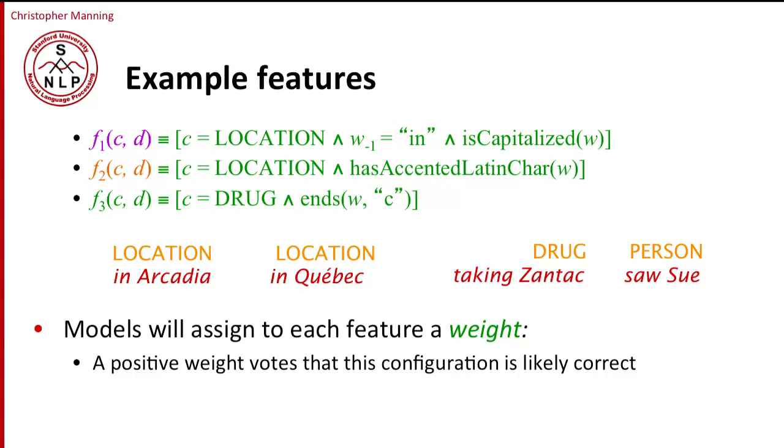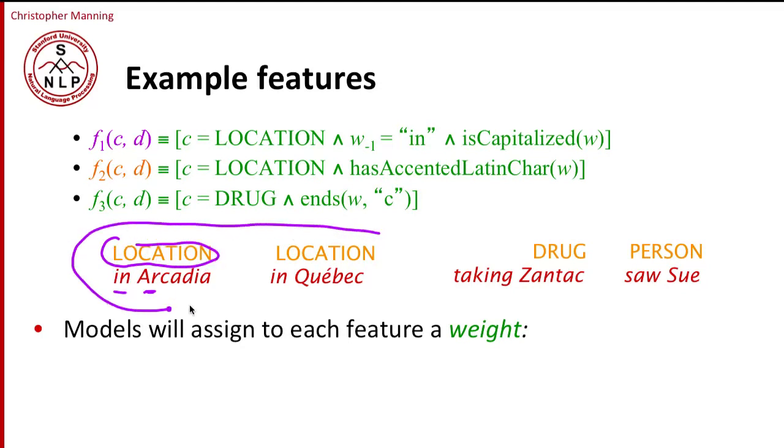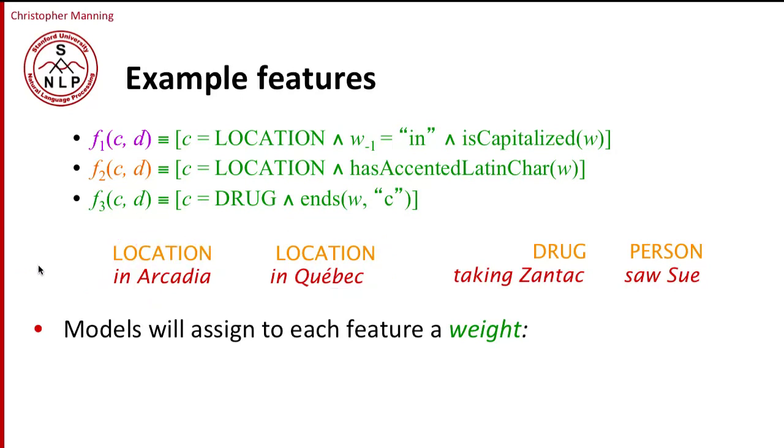So for feature 1, if the preceding word is "in" and the word is capitalized, that's indeed a good indicator that the word is a location. So for feature 1 that matches these two pieces of data, we'd expect it to have a positive weight.